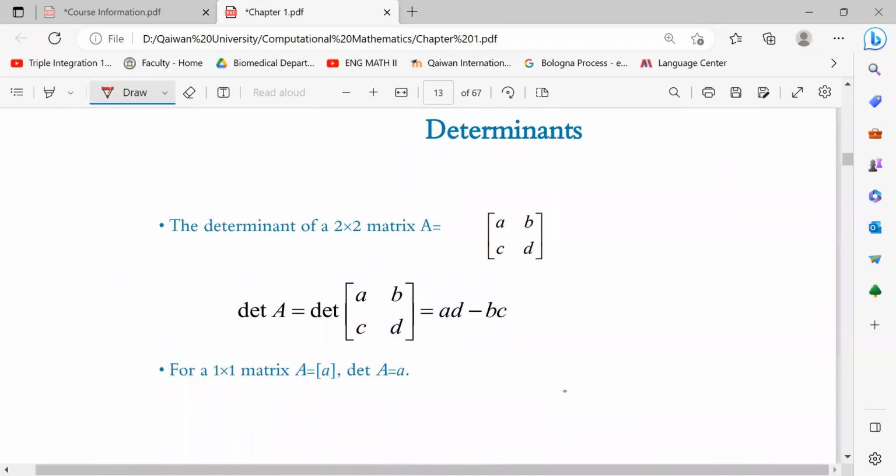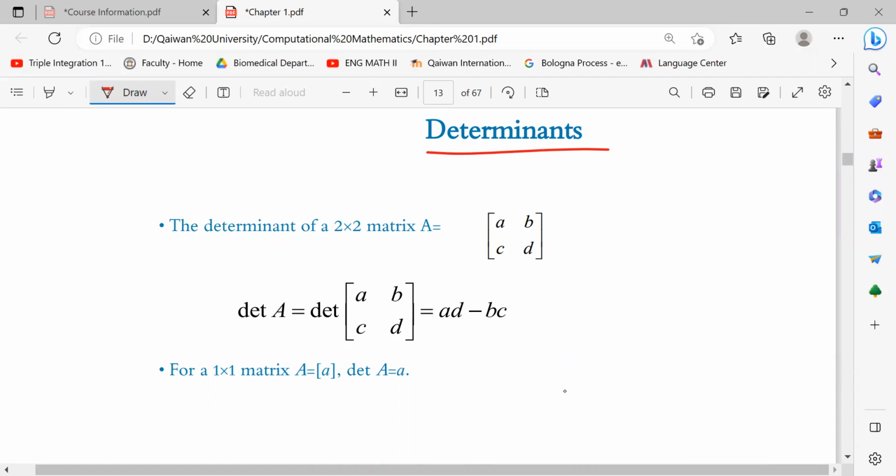Then we have determinants. Here, we first start with a 2 by 2 matrix and then a 3 by 3 matrix. For finding the determinant of a matrix, the matrix must be square.